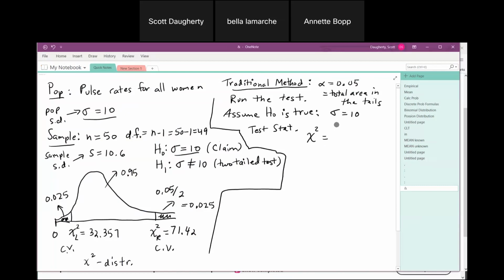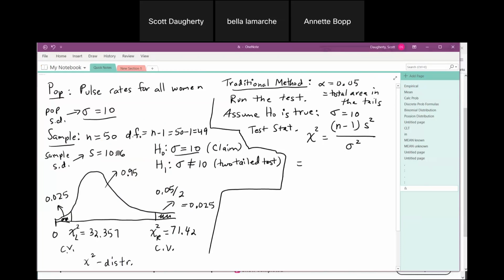And you calculate that chi-square value by taking the sample size minus 1, in other words, the degree of freedom, and you multiply it by the sample standard deviation squared, which we call the sample variance, and you divide it by the population variance, sigma squared. That's how we calculate the test statistic. Okay, so let's see what we get.